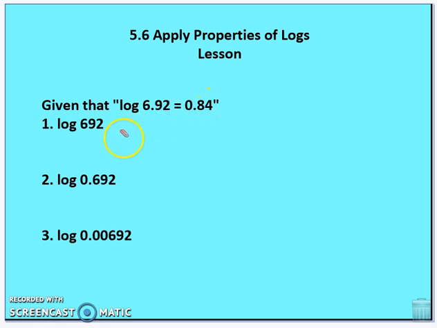Now you're supposed to figure out, without using the properties of logs yet, how to use what you know about the value of log of 6.92 equal to 0.84 and tell us what log of 692, log of 0.692 and log of 0.00692 are.